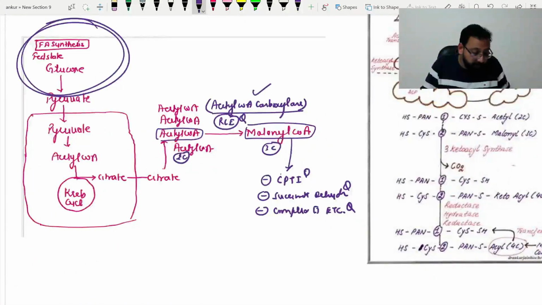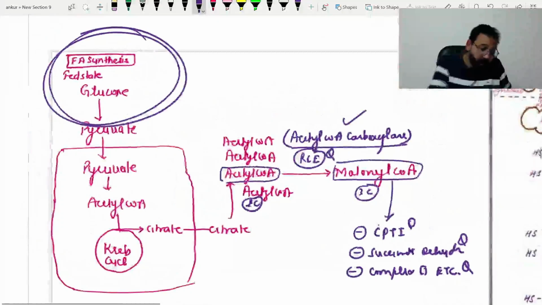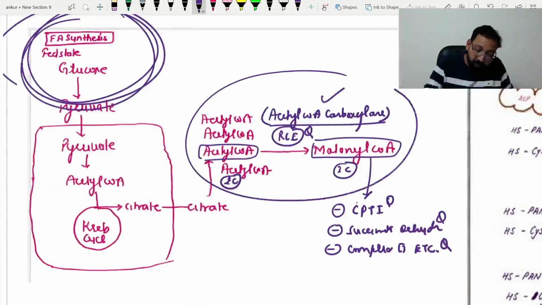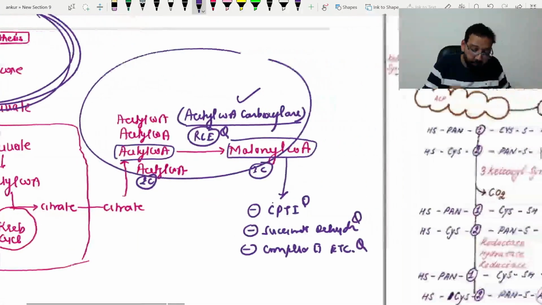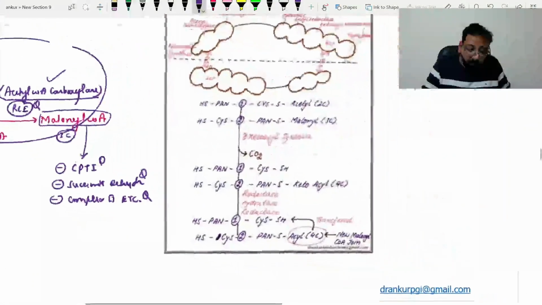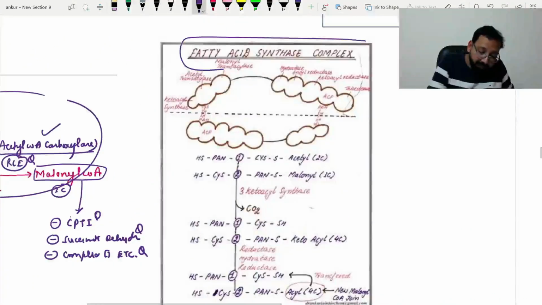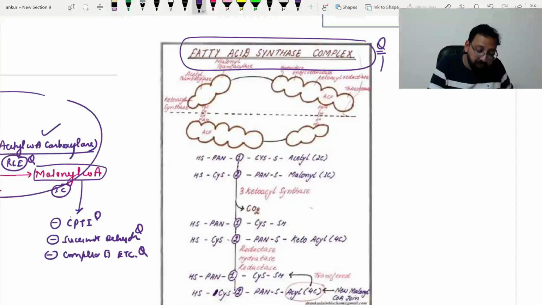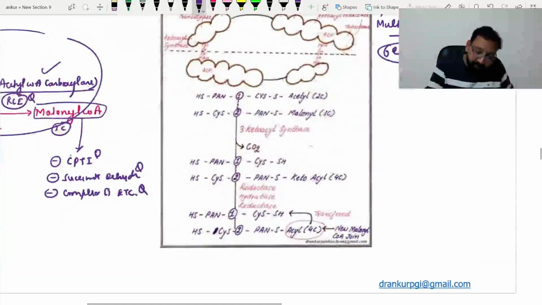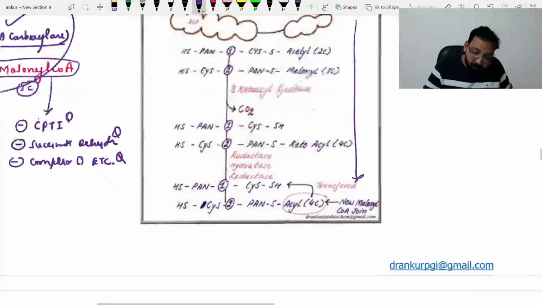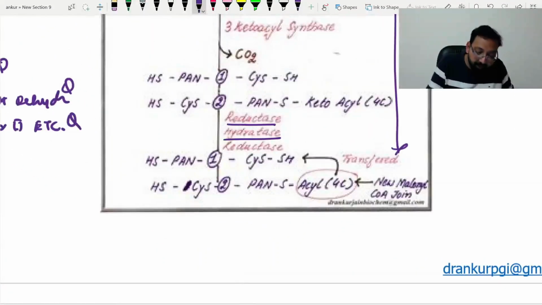For the time being, in fatty acid synthesis, extra carbohydrate is converted to fat. The first rate limiting enzyme converts acetyl to malonyl coenzyme A. Further synthesis takes place on the fatty acid synthase complex. A question is asked, this is a multi-enzyme complex. It has 6 enzymes, and in this, fatty acid synthesis occurs with the sequence of enzymes: reductase, hydratase, reductase.